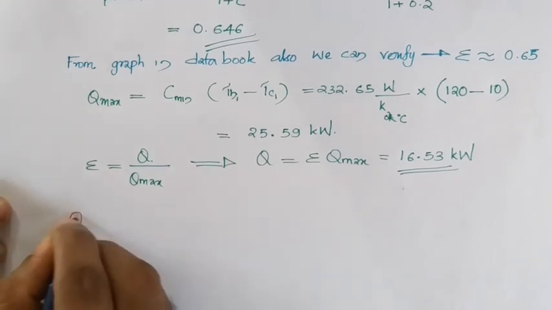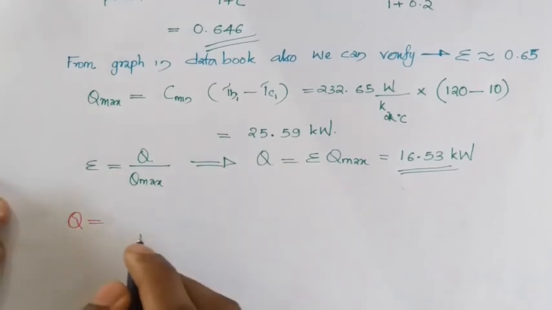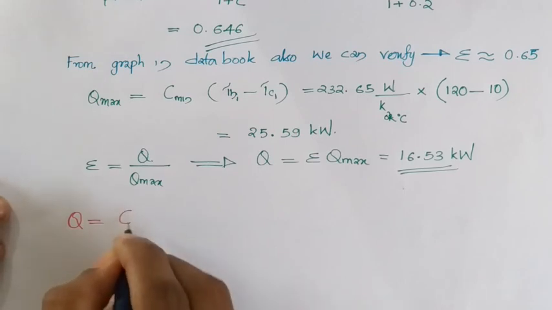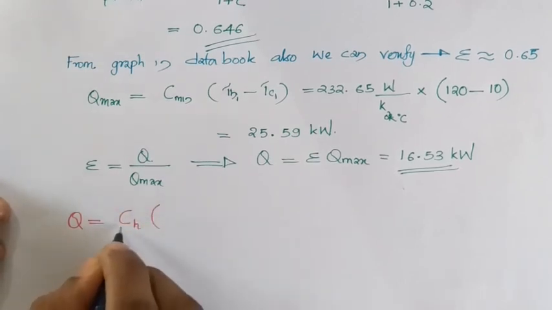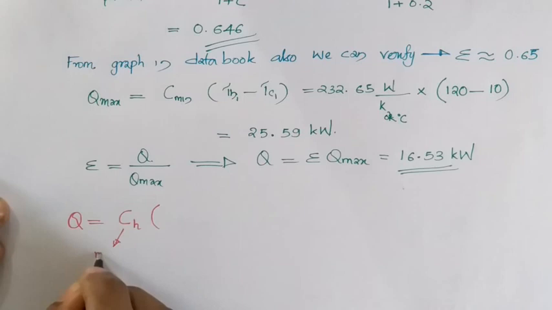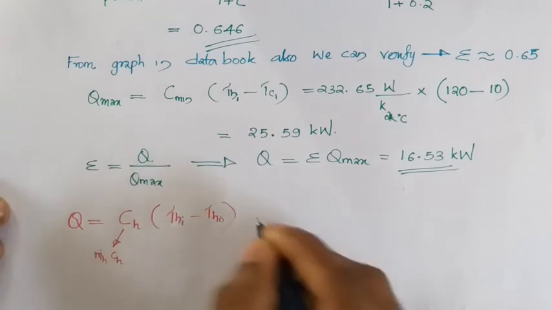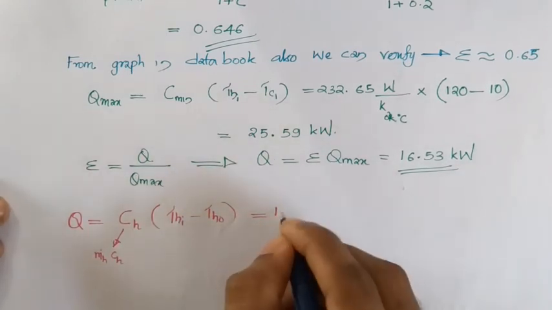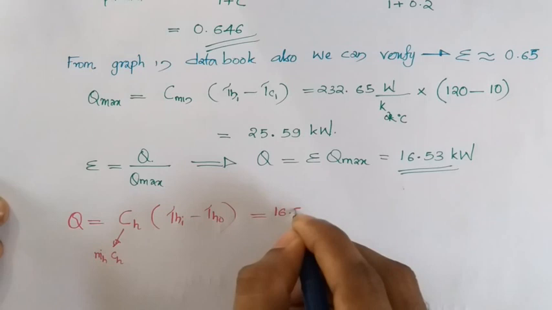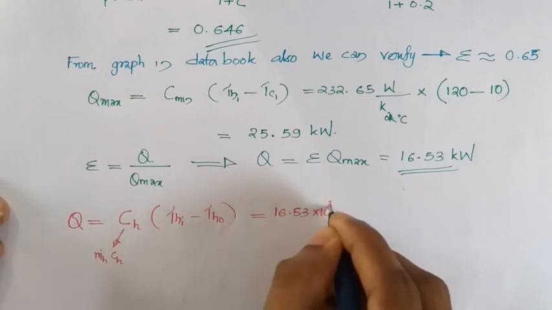where this actual heat transfer Q, if you are referring to the hot fluid, is equal to CH, the product of mass flow rate and specific heat of hot, into the change in temperature, THI minus THO. This is given as 16.53 into 10 raised to 3 watts.